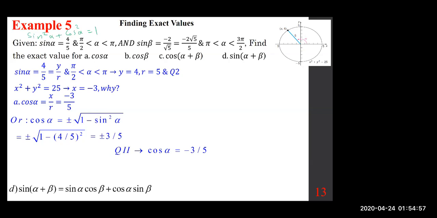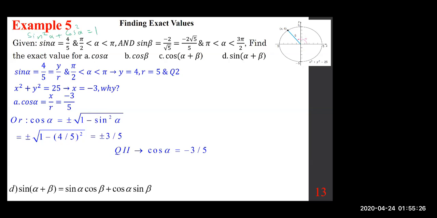Now what about sine beta? Sine beta is given, and we want cosine beta. You have a choice. You do the same thing or the identity. One of the methods will give you the answer. Now the question is, which quadrant is that, class? Quadrant 3, yes? In quadrant 3, cosine, positive or negative?